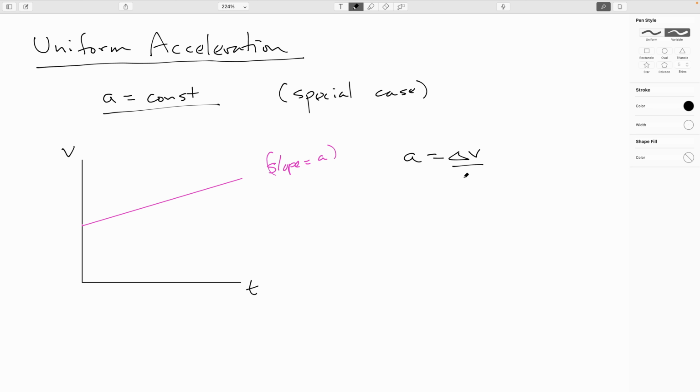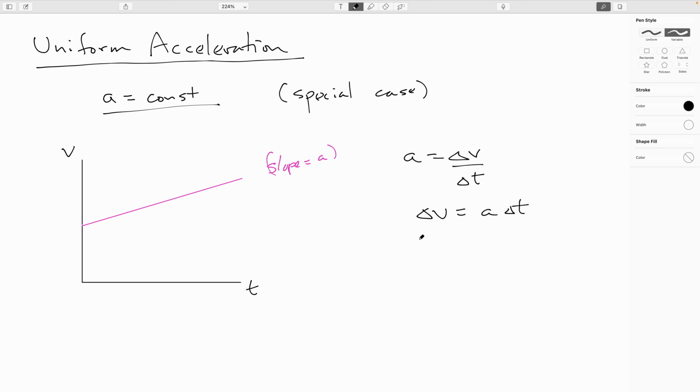So first we can just start by observing the acceleration is the time rate of change of the velocity. And since we're assuming the acceleration is a constant, I don't have to write it as a derivative. I can just keep it as change in velocity over change in time because the slope never changes. So I can rearrange this and have that delta v is equal to a delta t.